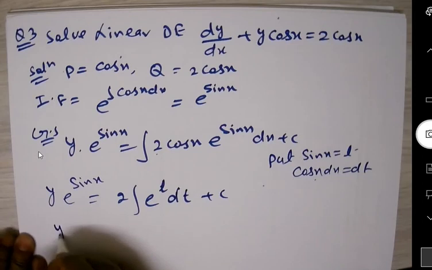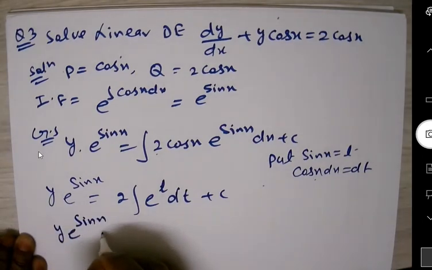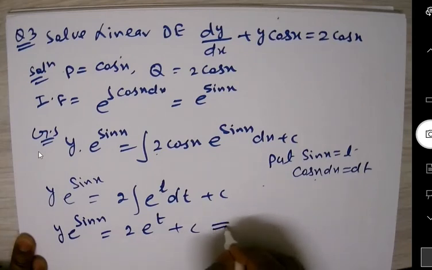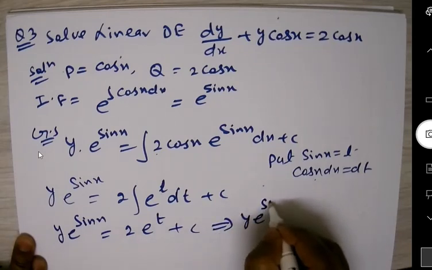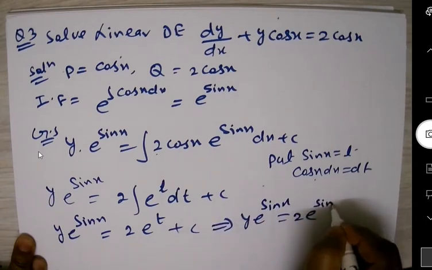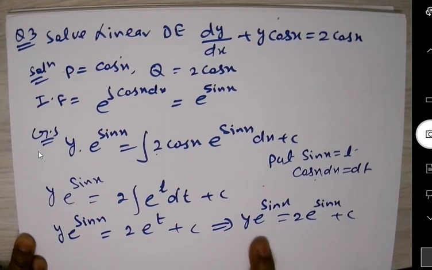Simplify it, y times e power sin x equal to 2 e power t plus c. Replace that one. This implies y e power sin x equal to 2 times e power sin x plus c. This is your answer.